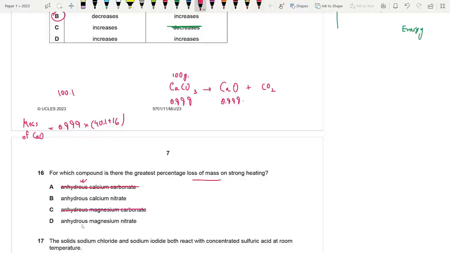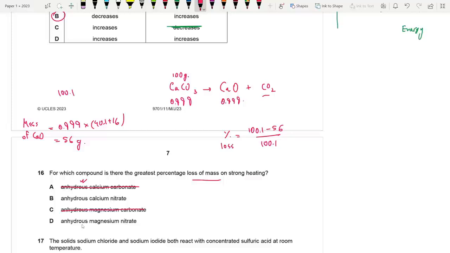That gives you a value of 56 grams. So if you look at the percentage mass, or we could just do the gas, honestly, because now what's it going to be? Percentage loss is equal to 100.1 minus 56 divided by 100.1. Let's do it.